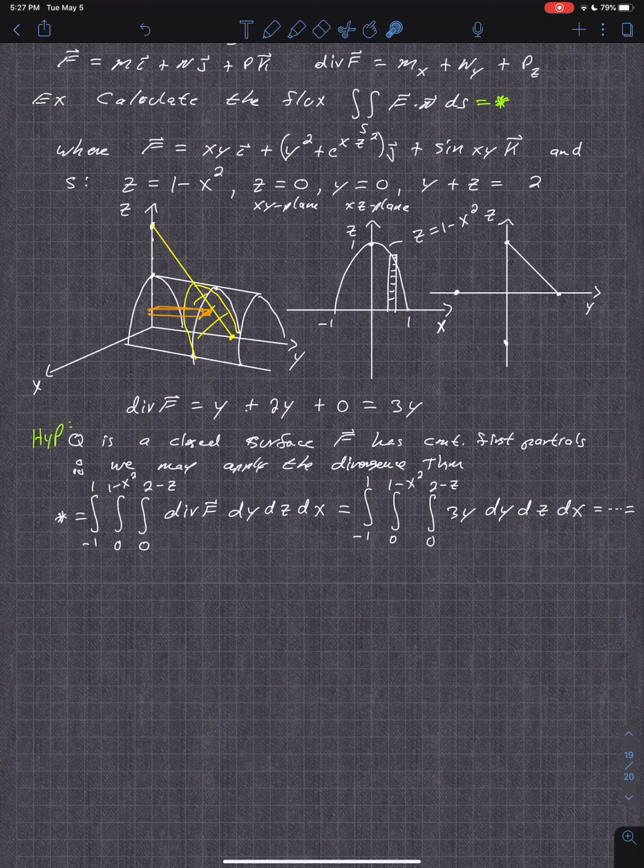And I went from y equals 0 out to the surface, which is 2 minus z, because you just solve this for y. So y equals 0 to y equals 2 minus z. And then we integrate from 0 up to 1 minus x squared, like that. So there's your representative rectangle.